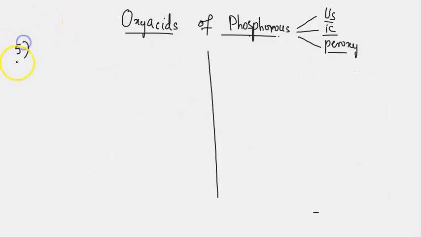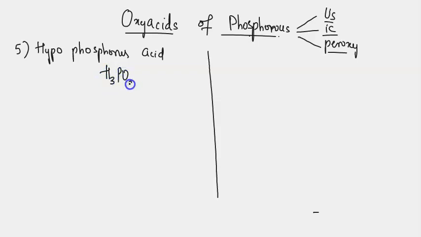Next compound in the sequence is hypophosphorus acid, where the formula of this compound would be H3PO2. It is H3PO2, where there is one oxygen less than that of orthophosphorus acid.